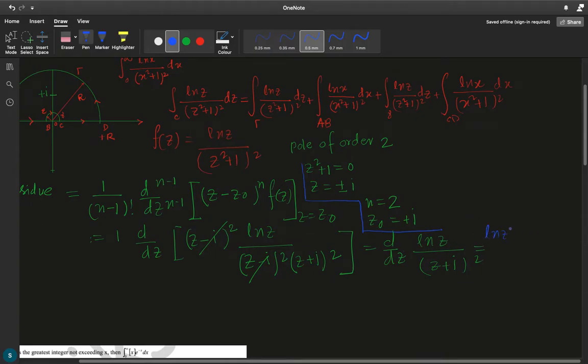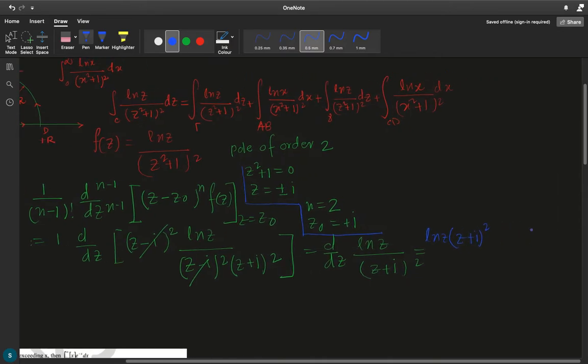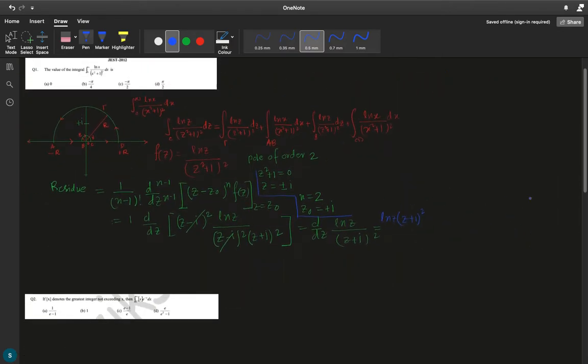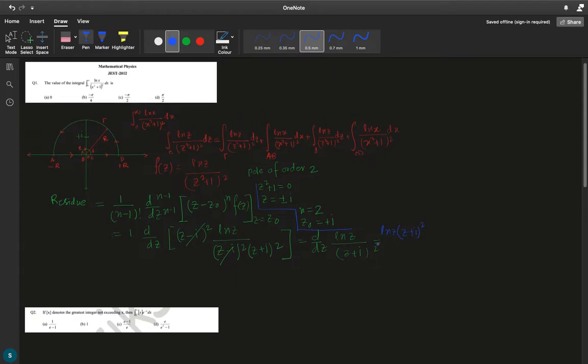It is (z plus i) whole square into 1 by z, minus 2 into (z plus i) into ln z, all over (z plus i) to the power 4.